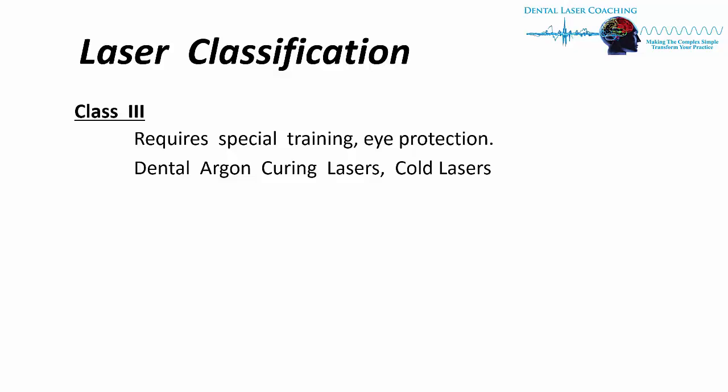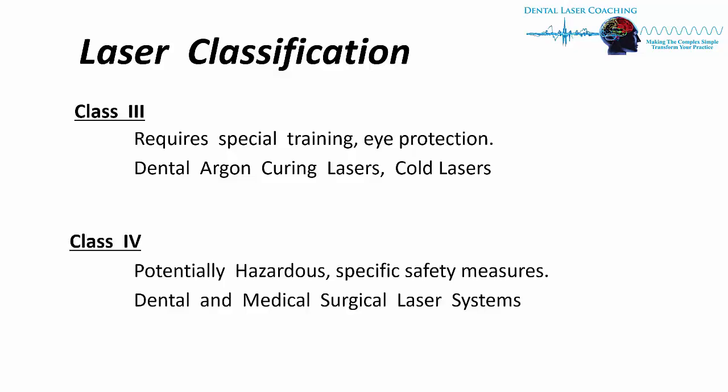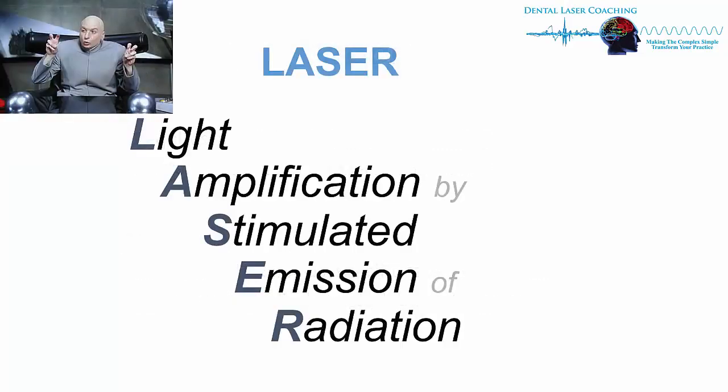In our community in dentistry, this is very common with curing lights and cold lasers. Cold lasers are lasers that do not cut, but have other properties, which I'll get into later. And finally, class 4 lasers are the lasers that can cut and that we're used to using for various dental and medical ablative type procedures, and we definitely need to have laser safety glasses to protect our eyes.